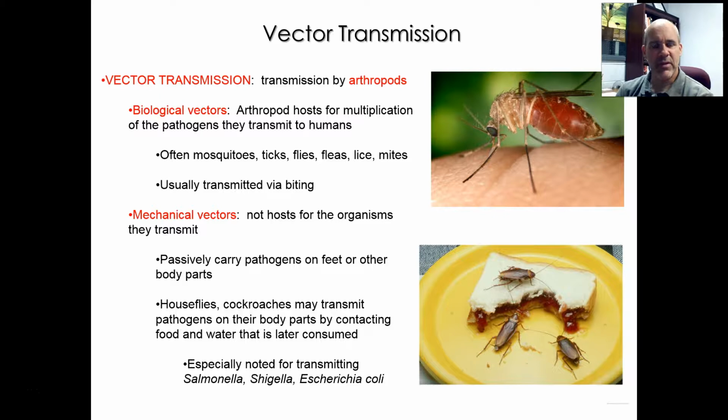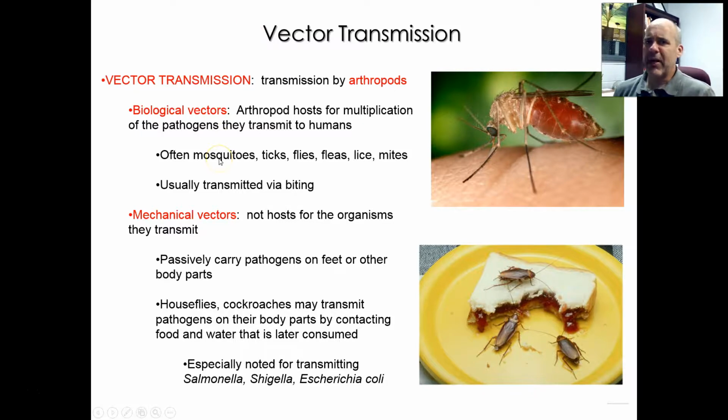And you may remember that we talked a little bit about that when we went over Trypanosoma cruzi earlier in the semester, which causes Chagas's disease. The kissing bug is a vector that bites you and defecates, releases feces onto the surface of your skin or around the lips, and you rub, and that's what allows the little trypanosomes to enter the body.